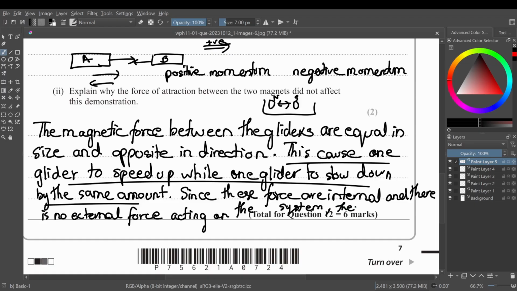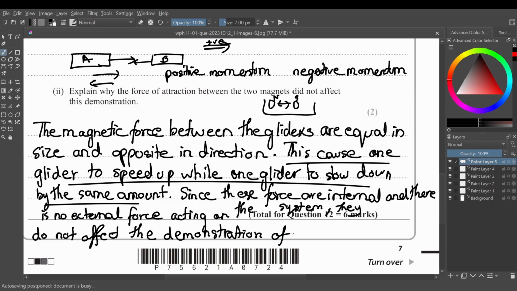They, let me write it here, do not affect the demonstration of momentum conservation.